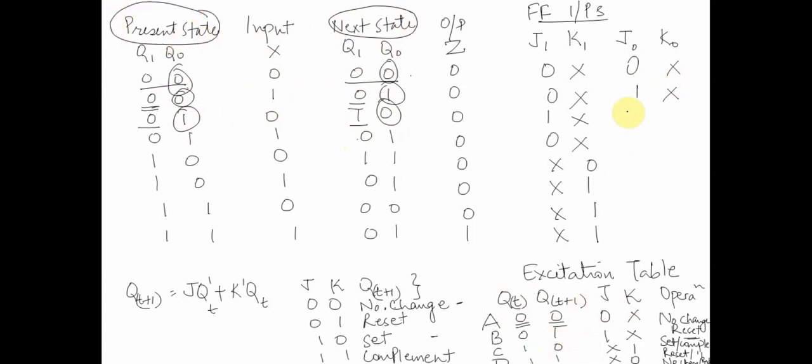It will be x1, correct? 1 to 1 would be x0. Similarly, 0 to 1, 0 to 1, both would be 1 and x. And finally, 1 to 0 is nothing but x1 and 1 to 1 is nothing but x0.